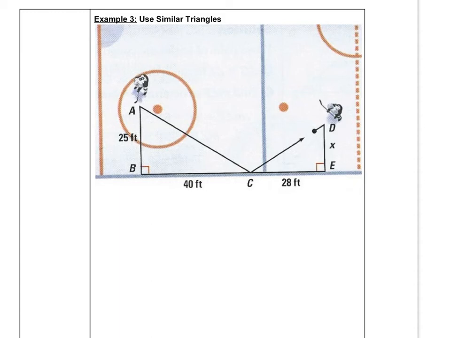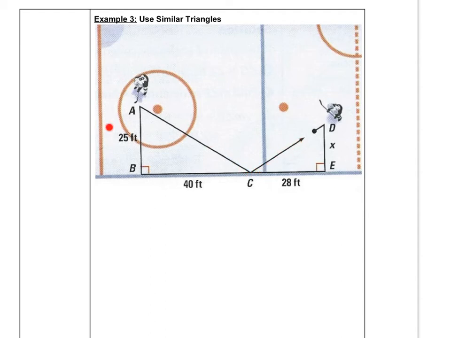Basically, if we look at these two triangles, B and E are equal to each other, right? So that's one set of congruent angles. And then here's the other thing. Physics tells us that whatever angle the puck comes in at, when it bounces off the wall, it's going to come off at the same angle.